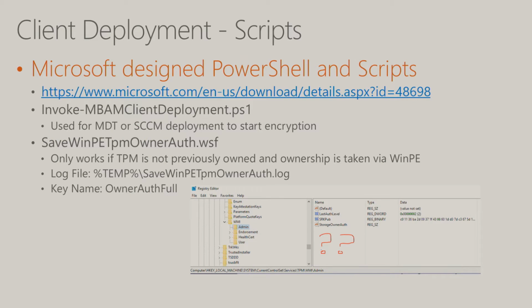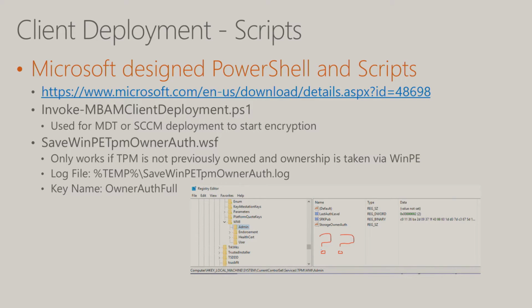Client deployment scripts. This is what you all want to know. Maybe. I don't like animations, so you can read ahead if you want. But the Invoke-MBAMClientDeployment.ps1 was something the product group wrote to help with the MBAM installation via deployment, which was pretty bad.